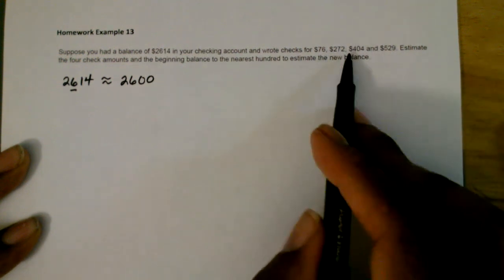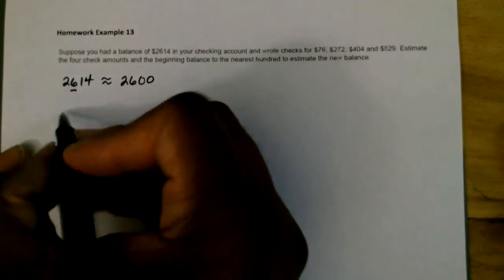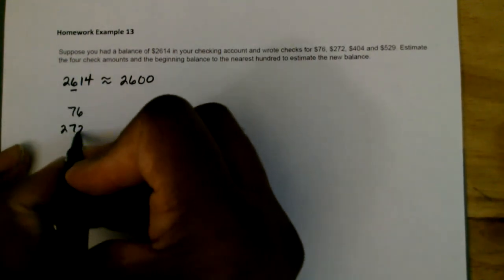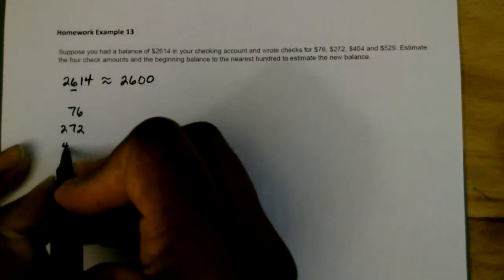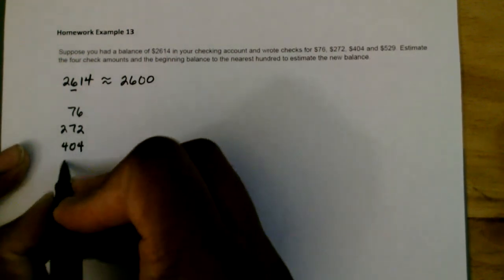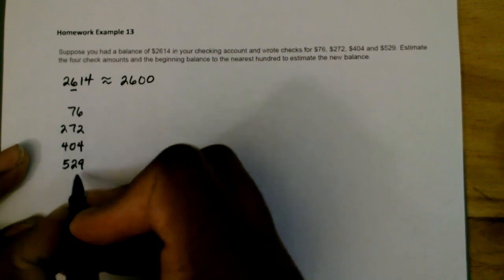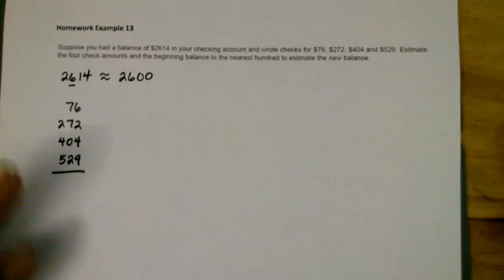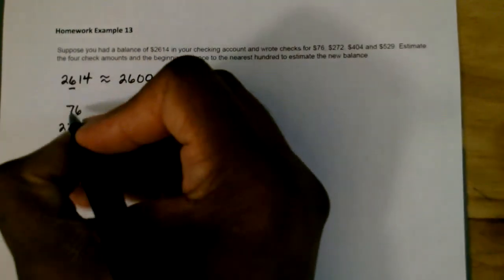And now my check amounts. I have $76, $272, $404, and $529. Now I'm going to estimate those four check amounts to the nearest hundred.